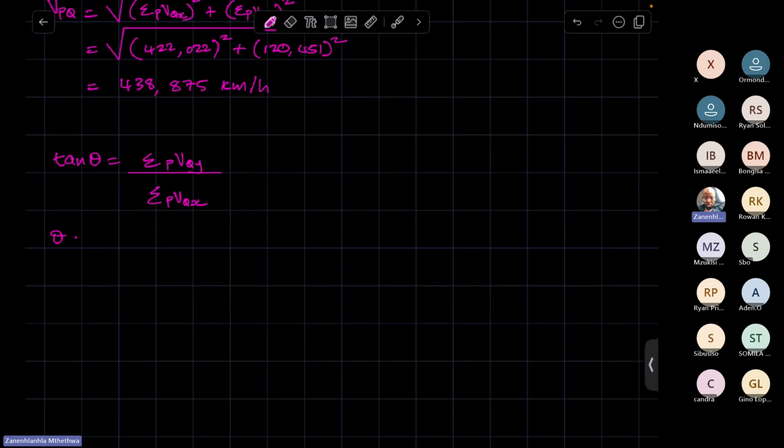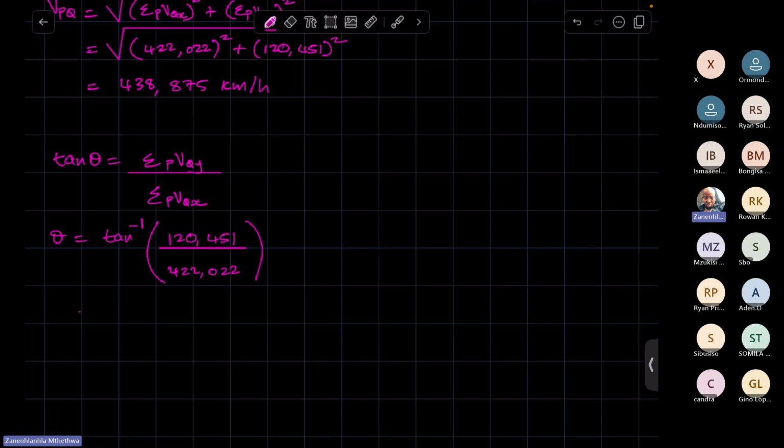Whatever angle we get here will be referenced from the x-axis. So to get our angle, we need to calculate the arctan of sum of y, which is 120,451, divided by sum of x, which is 422,022.